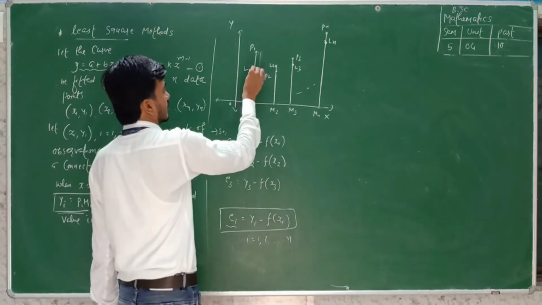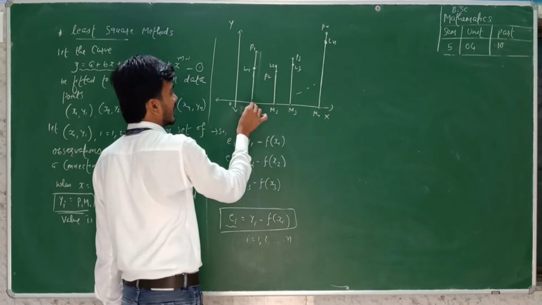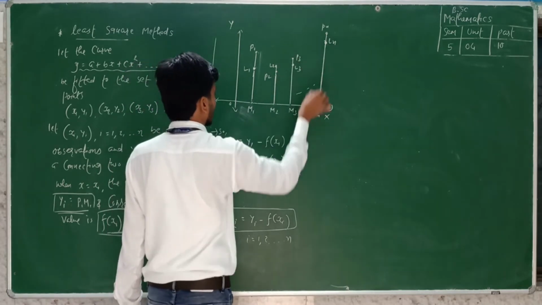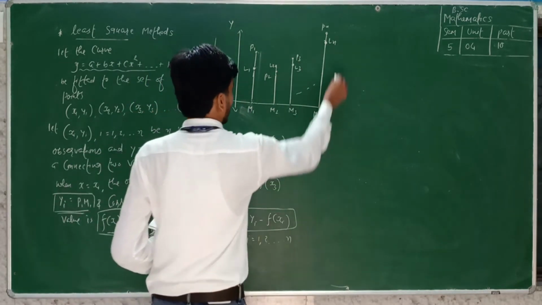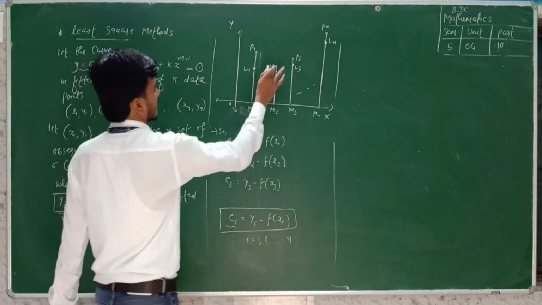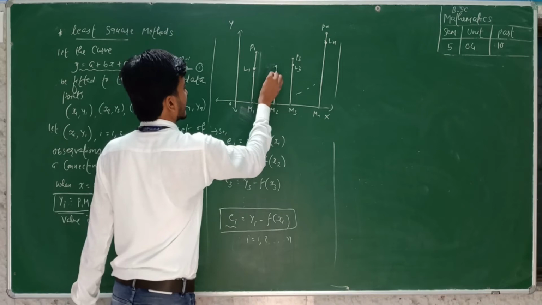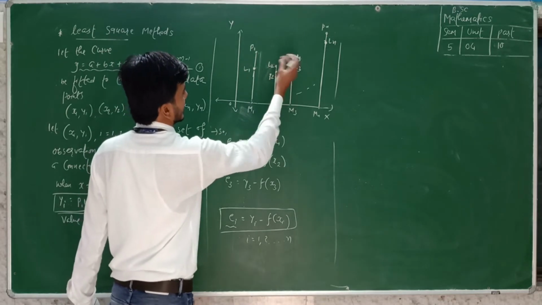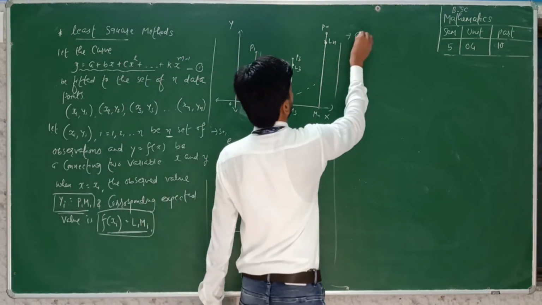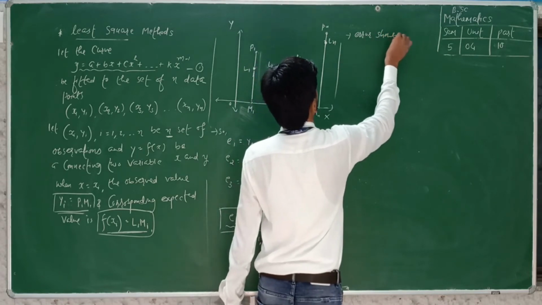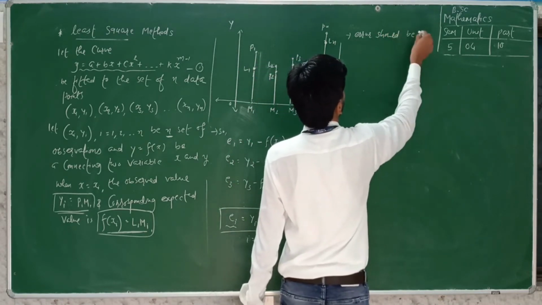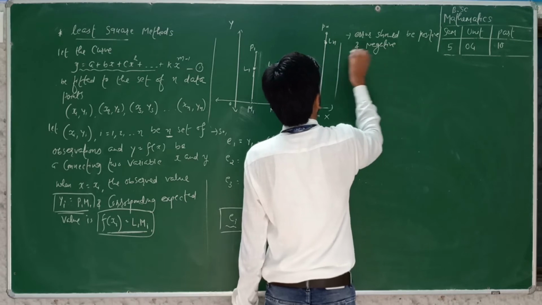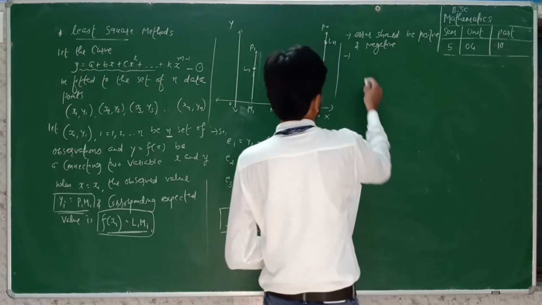Here we have the expected values at the points. Here the error is positive, but here the error is negative. So the error can be positive or negative.